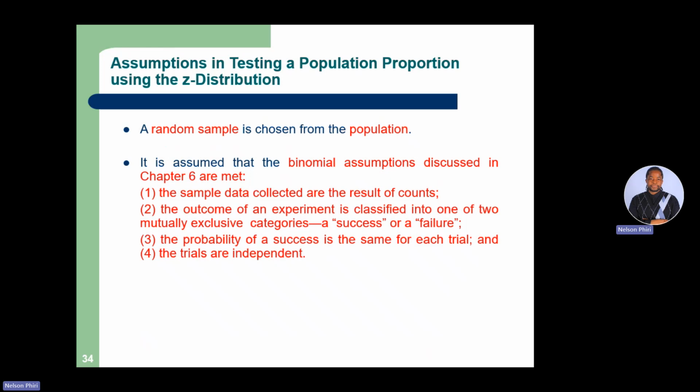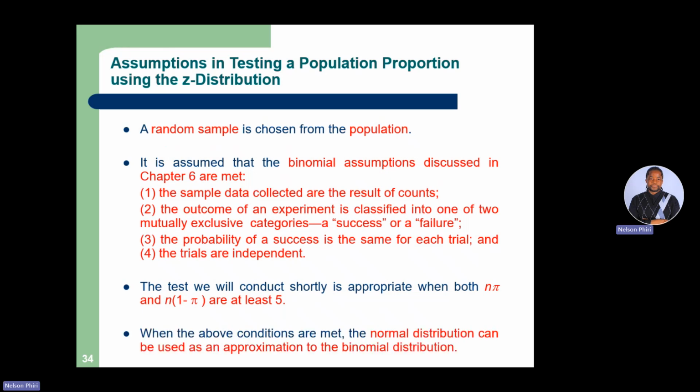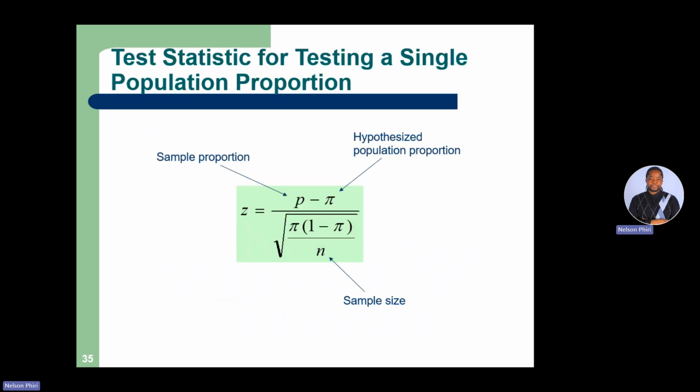Also, the probability of success of each trial is the same, and the trials are independent. Then this test will be conducted, and you're going to use n theta and n times 1 minus theta. When the above conditions are met, the normal distribution can be an approximation to your binomial distribution.